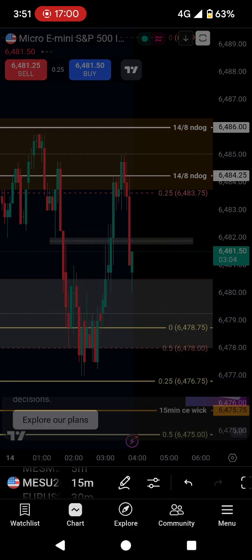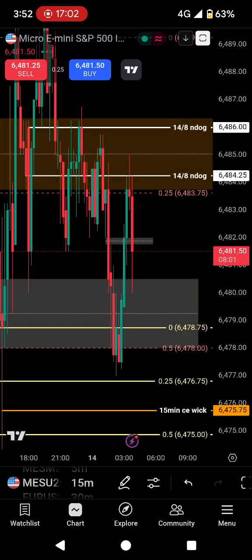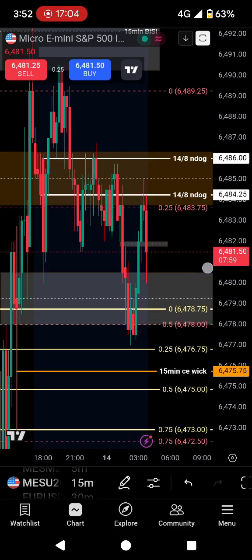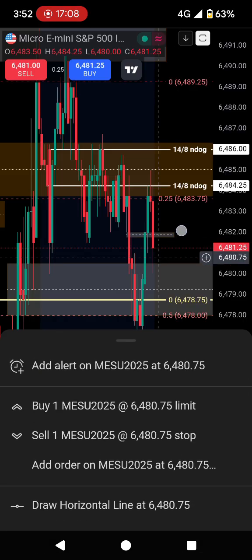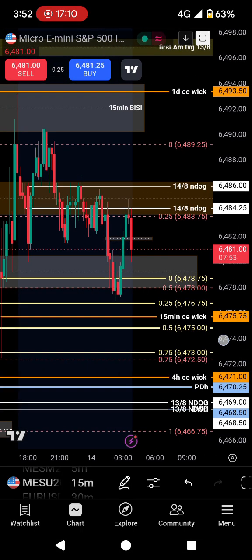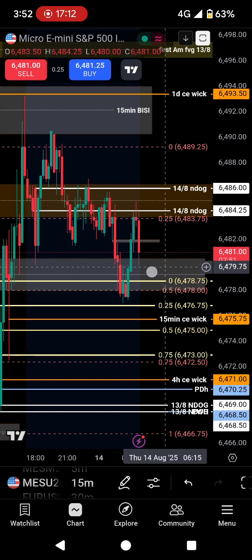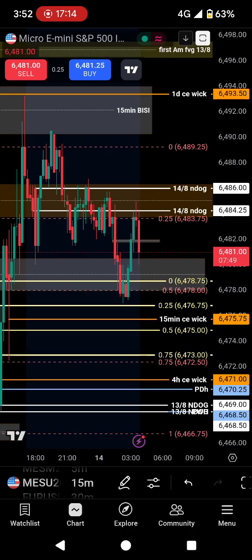Let's go to the 15-minute chart. We traded below this BC already. This is the 1 hour BC.